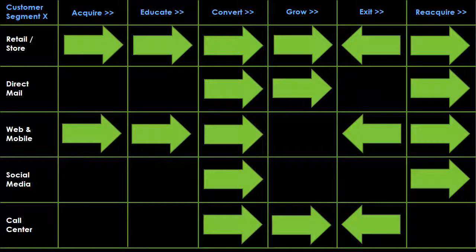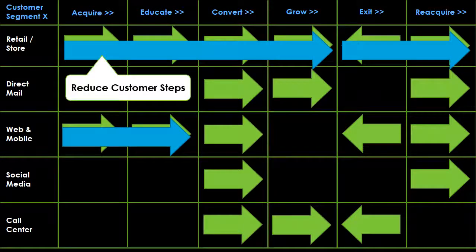Okay, so let's look at this a little bit. Again, focus on those four methods. The first method is visualizing it. There has to be a way of visualizing the entire experience. The second one I mentioned is, how do you reduce customer steps? If you know that within retail, say Acquire uses two touch points, Educate uses another two, Convert uses another two, and Grow uses another two, can you simplify that process?